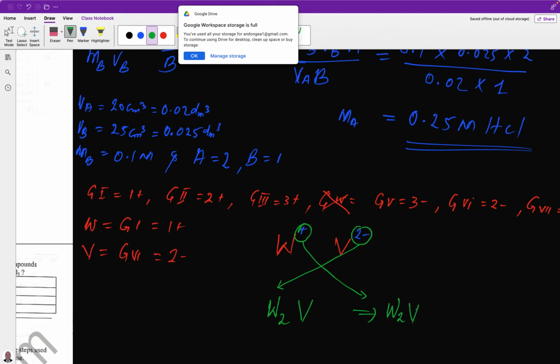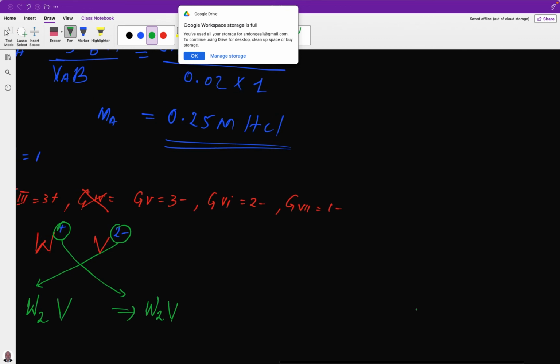You can do the second method. The ions are W plus and V 2 minus. Now, to cancel out these ions, there must be 2 plus and 2 minus. So we have to add another W plus here.